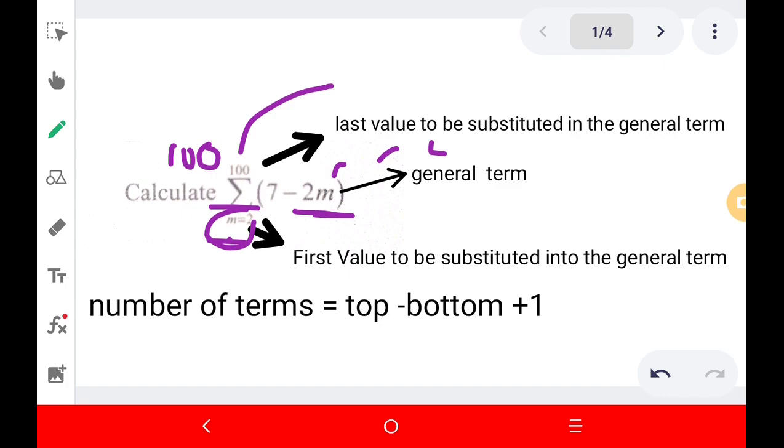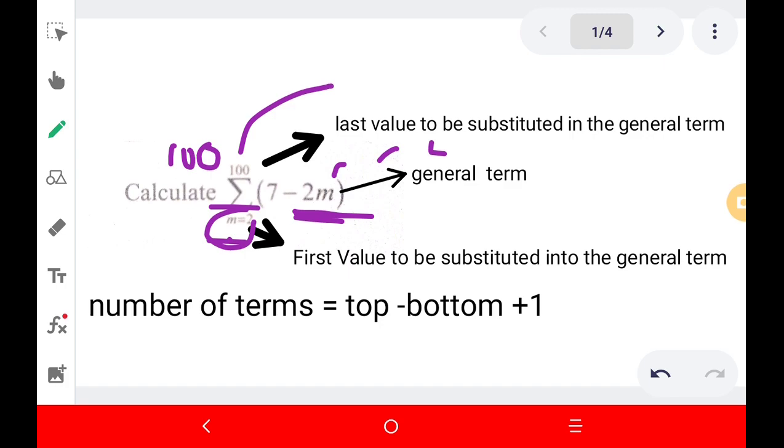So that's what basically they're saying here. They're saying calculate the following series given by the general term 7 minus 2m, starting when m equals 2 up until 100.